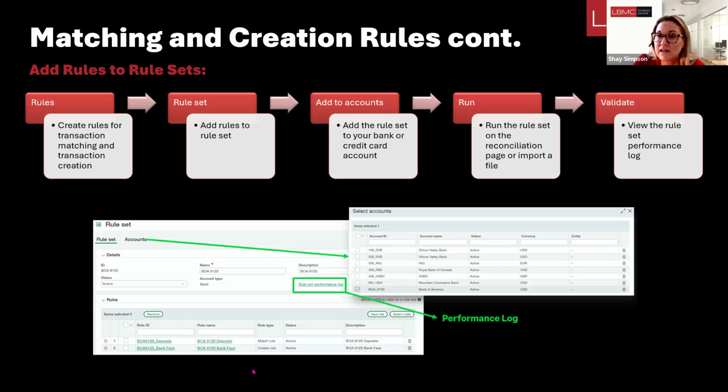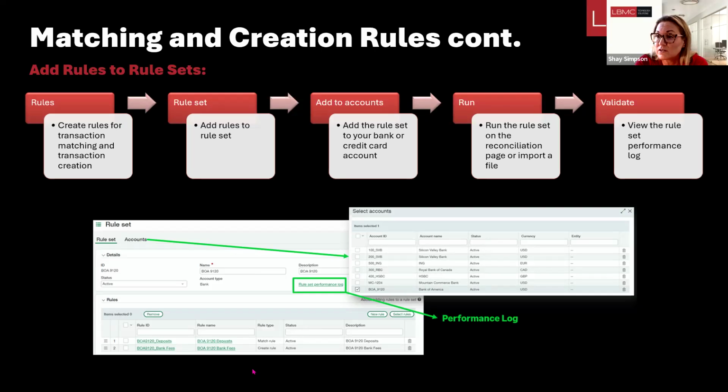So once we set up our rules, we are then going to add them to a rule set. When we add them to a rule set, we're going to indicate whether it may be associated with one particular cash account, or it may be associated with multiple cash accounts. This may be something that flows across all of our cash accounts in regards to these rules.